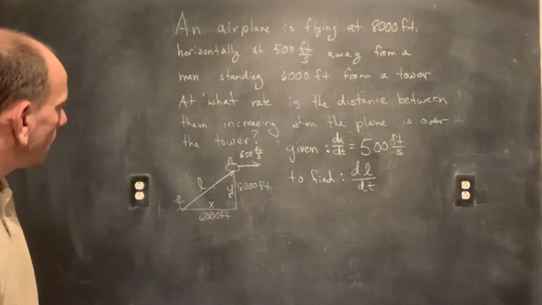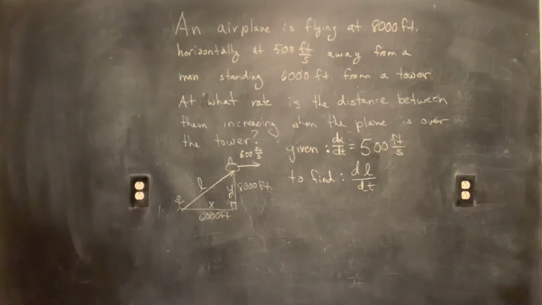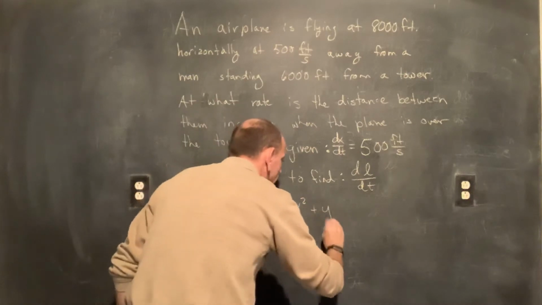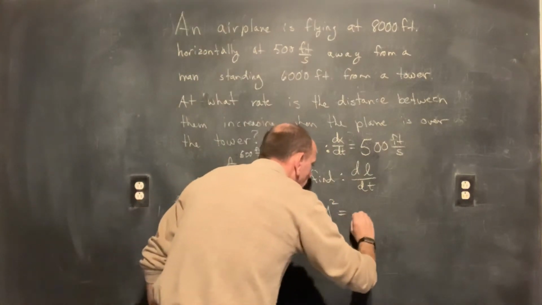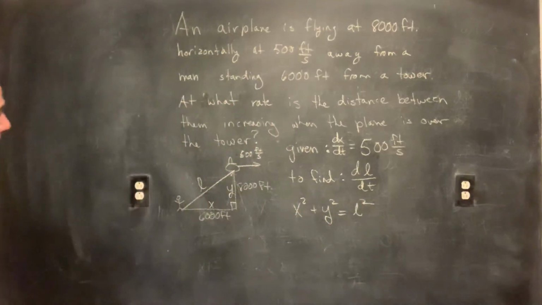Once again, it looks like I've got a right triangle situation going on here. So I think x squared plus y squared equals L squared. Pythagorean theorem, right triangle business.